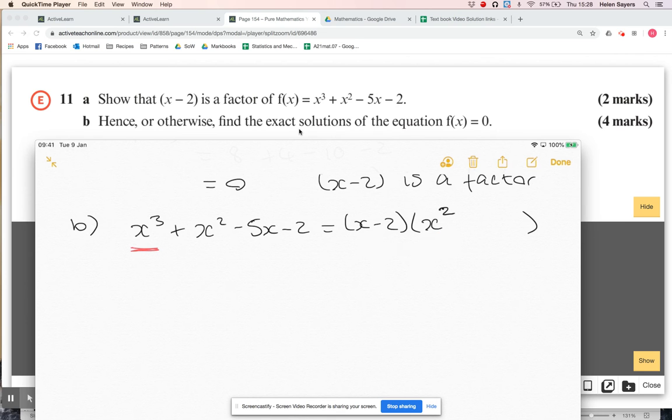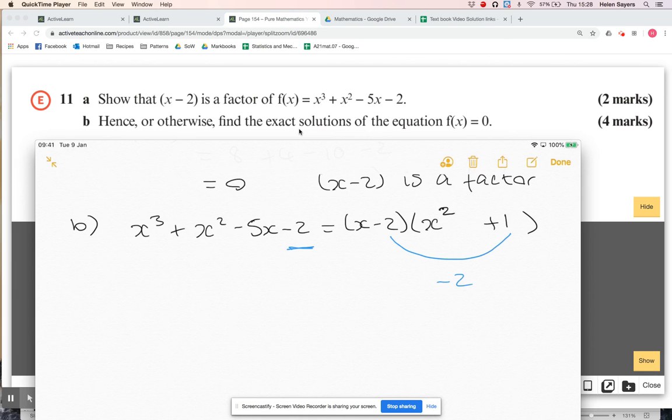If I use the same logic with the constant, I need the constant to be minus 2. And when I expand these brackets out, the only constant is going to be minus 2 times the constant in the quadratic. So minus 2 times 1 is what would give me minus 2. So that's going to be a plus 1.